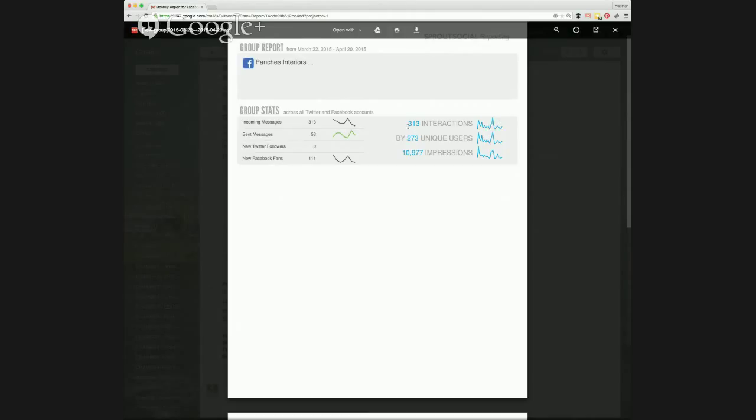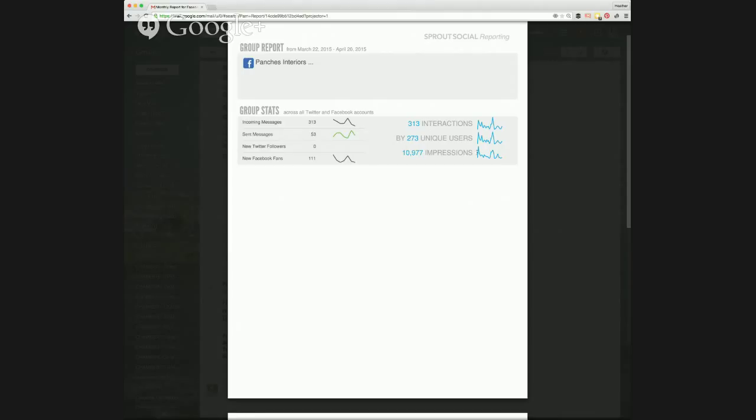Over here on the right, you can see that there were 313 interactions by 273 unique users, which means that some of the users commented or posted or interacted multiple times, which is a great thing.